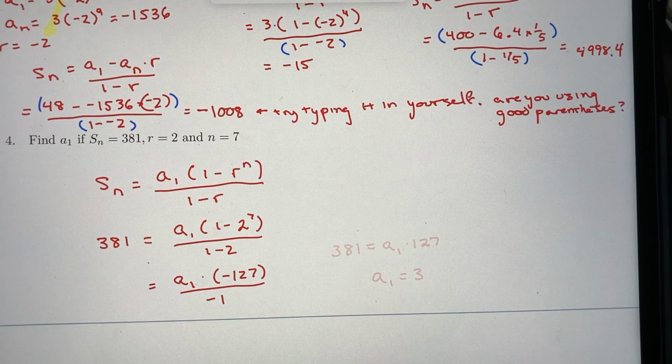Okay, so 381 is a1 times positive 127. Is it nice? Yes, it is. Yay.